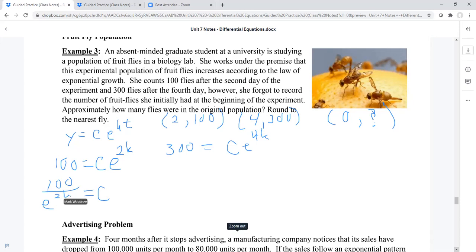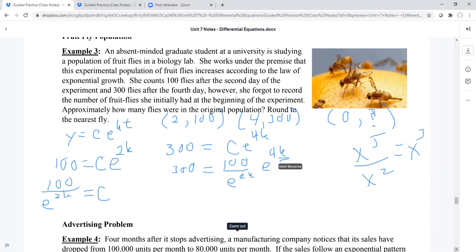So then I'm going to come over here and stick that in for C, and that's going to give me 300 is going to equal 100 over e to the 2k times e to the 4k. So I hope we remember that when you have a base to a power, like if I have x to the 5th over x squared, you subtract exponents, so that'd be x to the 3rd. Same thing here, I get to take this 4k minus that 2k.